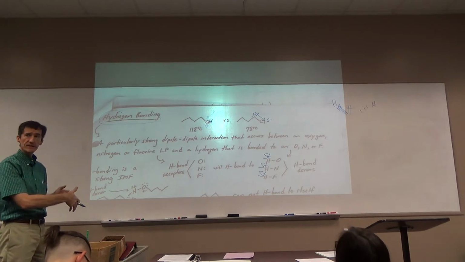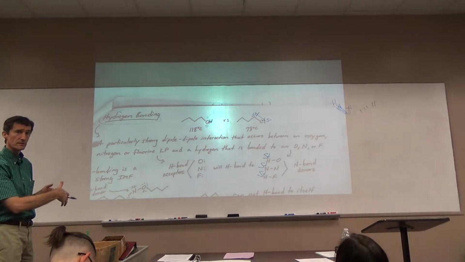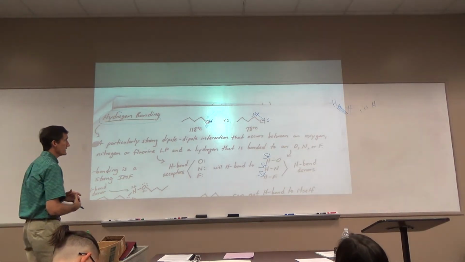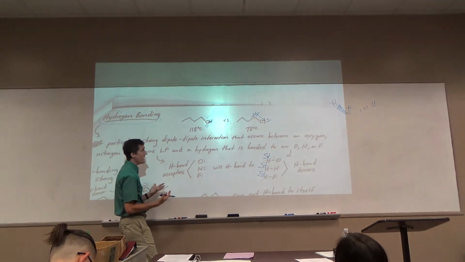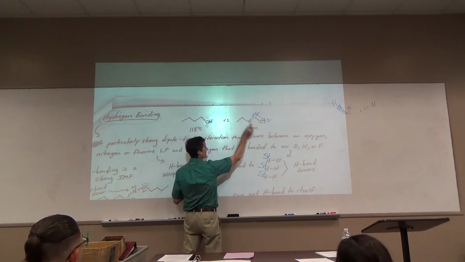Now what would that be attracted to? A partial positive is attracted to what? Partial negative. So again, you've got to have a partial negative. Partial negative is going to be an atom up here, O or Cl.